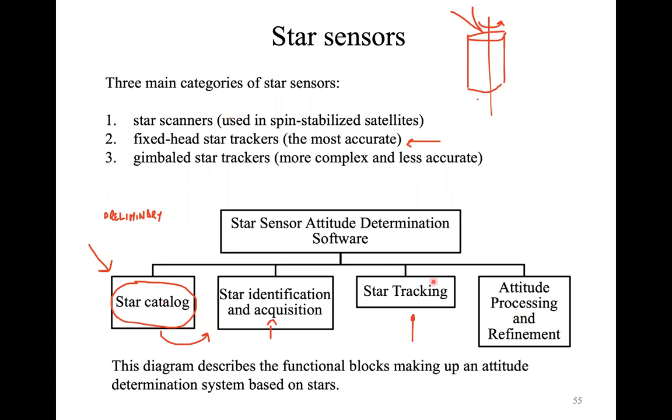But in practice, of course, you have a lot of possible interruptions of the star sensor operation, but that will not be a problem. The main thing is that you need to keep the star tracking mode.